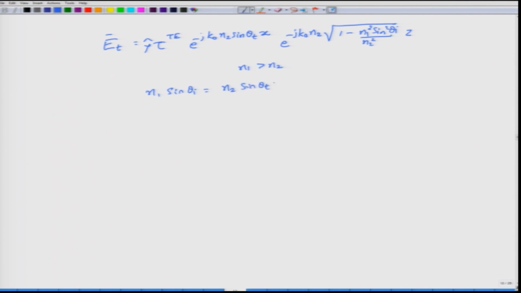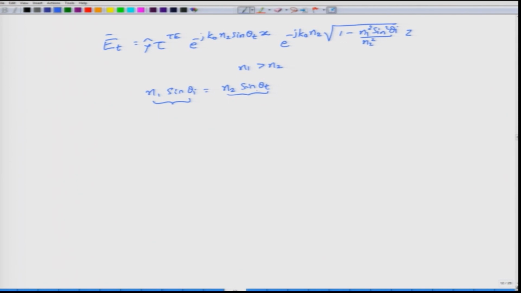Now, look at this, theta_I is increasing, going from 0 to 90 degrees. When theta_I is equal to 0, the left hand side will be 0, and the right hand side will also be 0. When theta_I starts to increase from 0 to 90 degrees, at some point the product n_1 sin theta_I can be greater than the product n_2 sin theta_t.